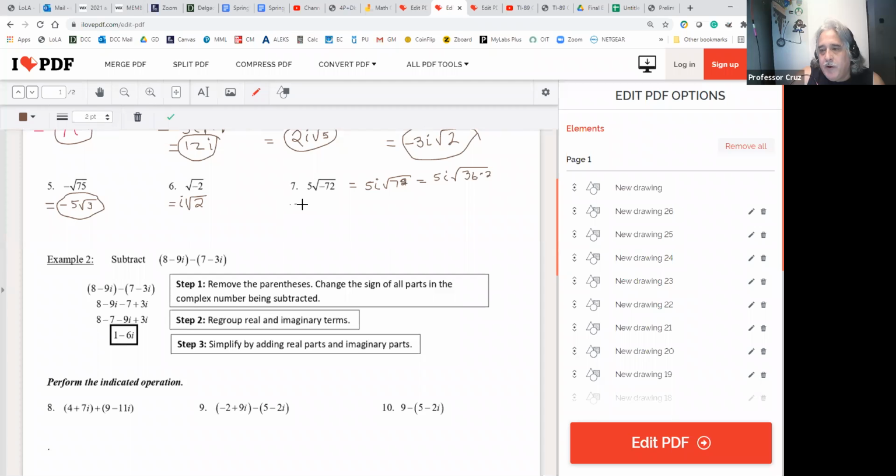So the square root of 36 is 6, and we're going to multiply anything that comes out, multiplies what's already there, so that's 30 i square root of 2.